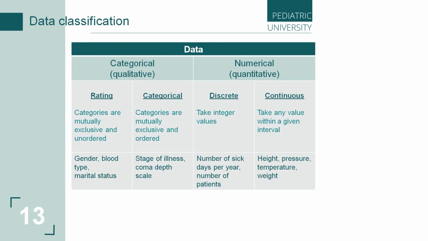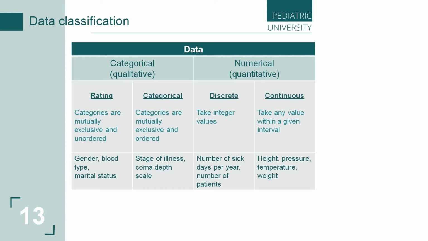Blood type, we know that there are 4 blood types: first, second, third, and fourth. Marital status, maybe 1 is married, 2 is single. And ordinal data is also digitized, for example, stage of illness.